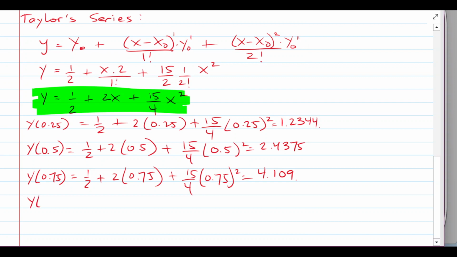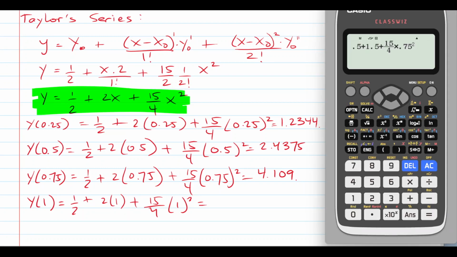And finally at x equals 1, the value is half plus 2 plus 15 over 4.